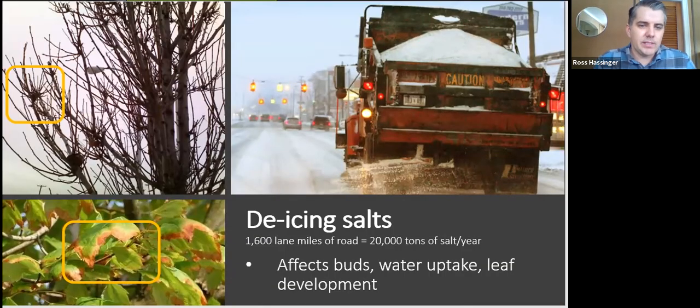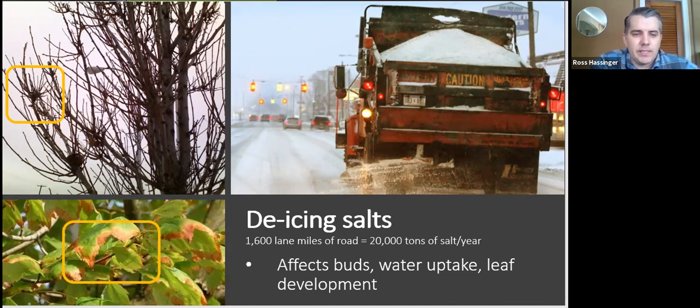So another factor to consider when planting street trees is de-icing salts. The volume of salt used by our streets department is relatively high. They go through approximately 20,000 tons of salt a year in order to treat 1,600 lane miles of road.